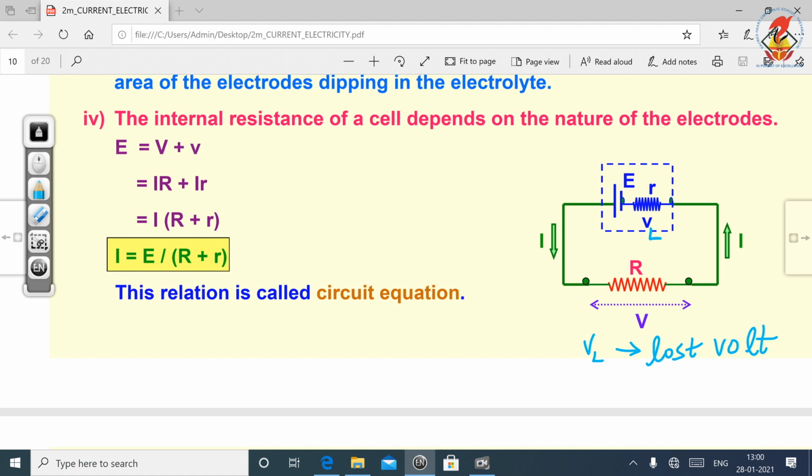VL is called lost volt, and VL is equal to I into internal resistance.